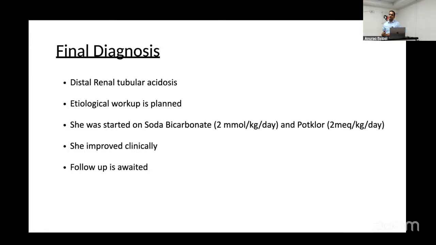Diuretic, diuretic. What precaution should you take? Salt intake should be less. Protein intake should be less. Sodium again.